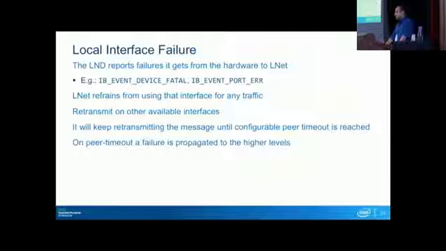On those events, we know that you can't really use that interface anymore until there's an event saying that the device is available for use again. So LNet can refrain from using those interfaces for any traffic. It will try to retransmit on other interfaces if they are available, and if they aren't, then we fail the message. If there are available interfaces, we keep trying to send on the different interfaces until one succeeds or the peer timeout expires.